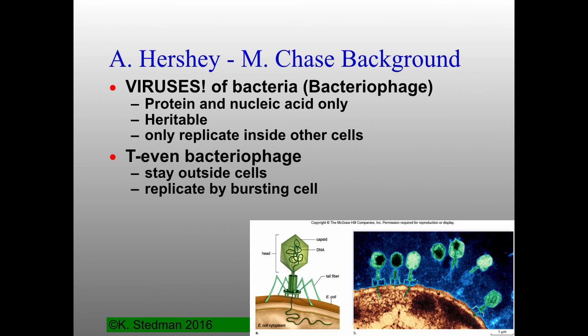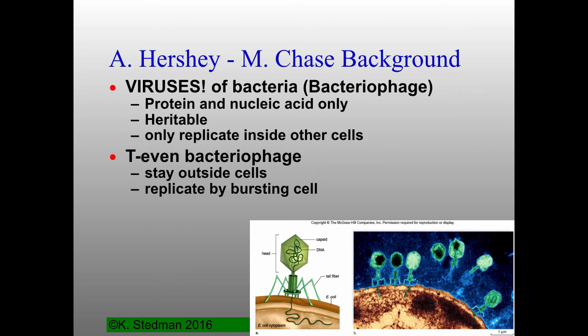Then, of course, Hershey and Chase. It should be Chase and Hershey, excuse me. Martha Chase, who was a technician in Al Hershey's lab at the time at Cold Spring Harbor. This was also, again, in the late 1940s, where a number of people, particularly Max Delbruck and some of his cronies or colleagues, lots of these people were refugees from Europe who then moved to the United States.